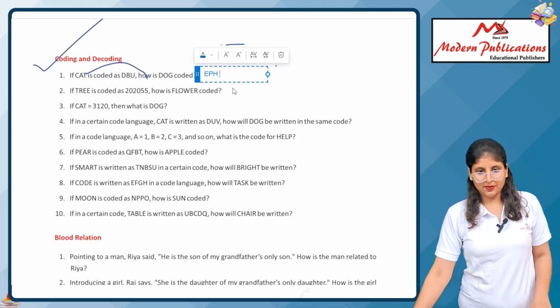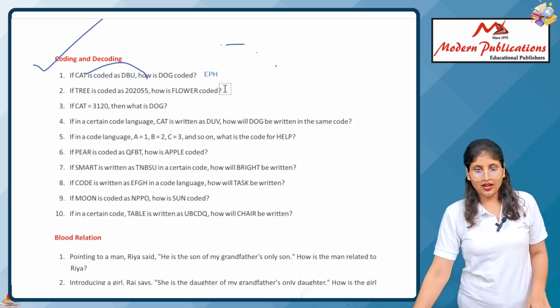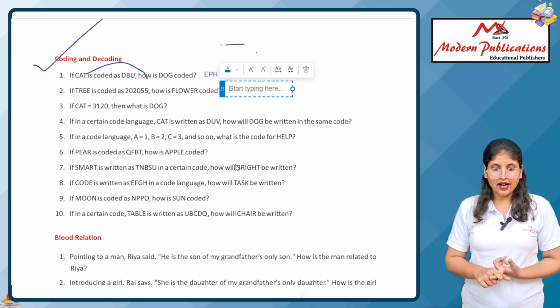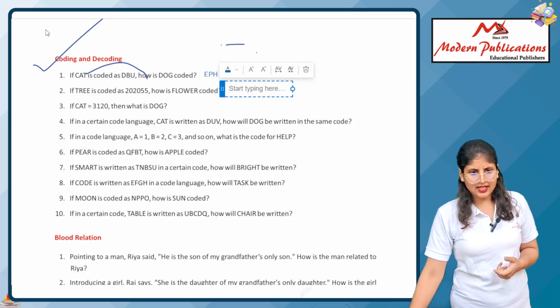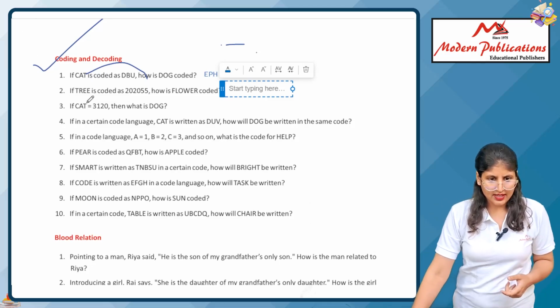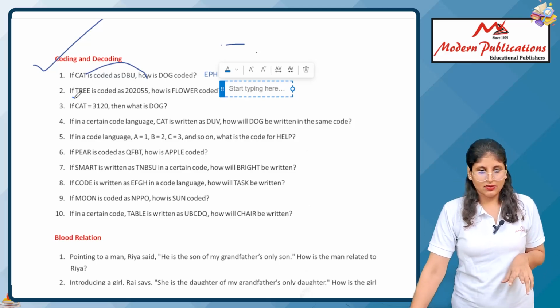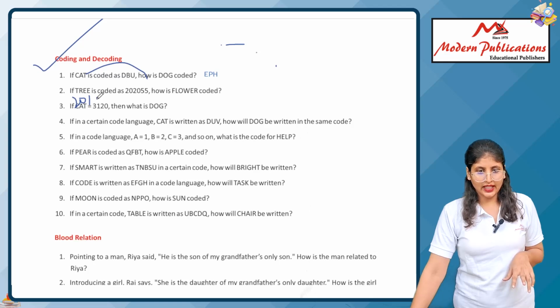Okay, next. Tree is for, here it is written as number names. T comes on 20, R comes on 18, and E comes on 5.